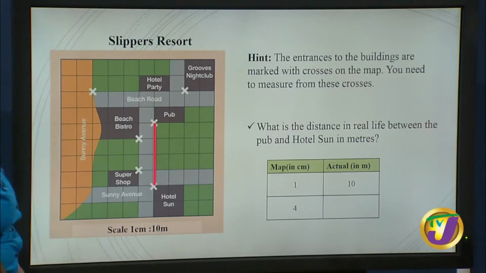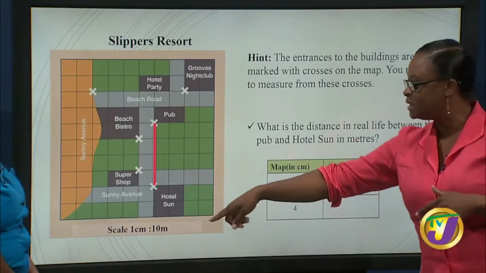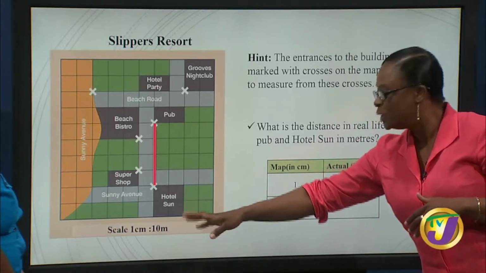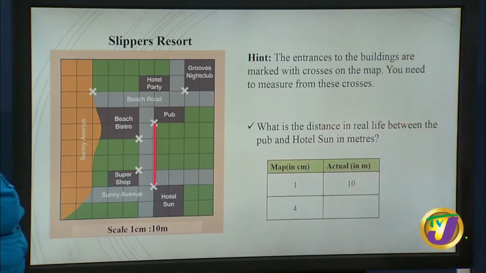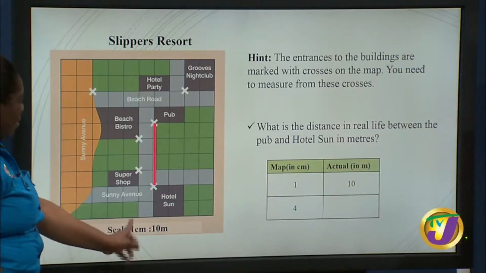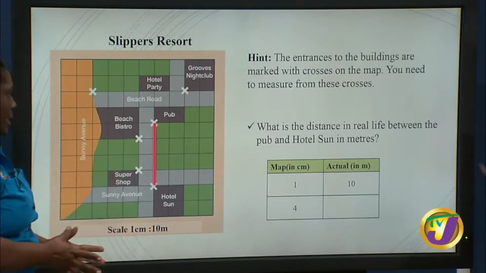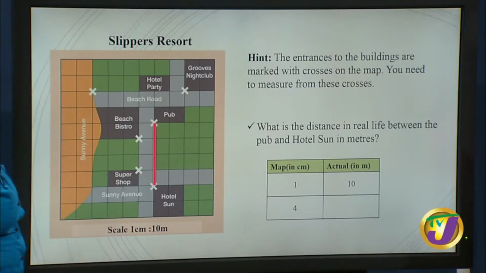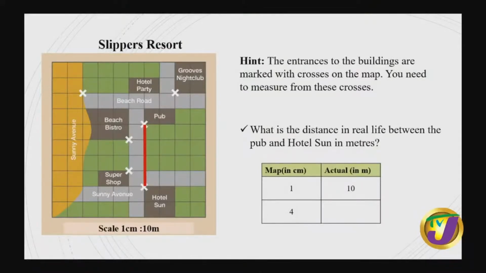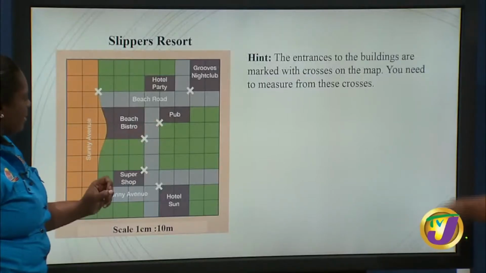That looks like the direct statement, because included in it are the units to tell what each term means. So for every 1 centimeter on the map, it represents 10 meters in real life. Good, I can work with that. So let's examine our map to see how many centimeters we are trying to convert to real life.